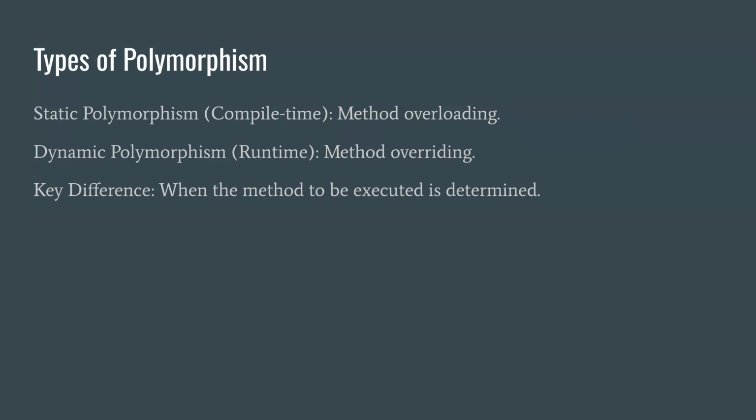Types of polymorphism. In Java, polymorphism manifests in two main types, static and dynamic.